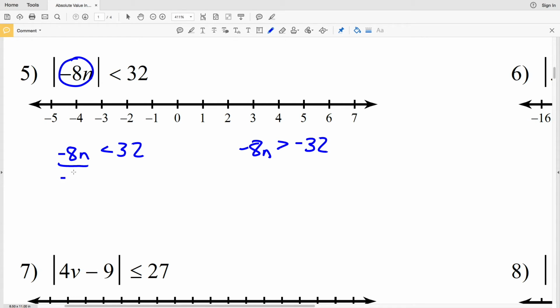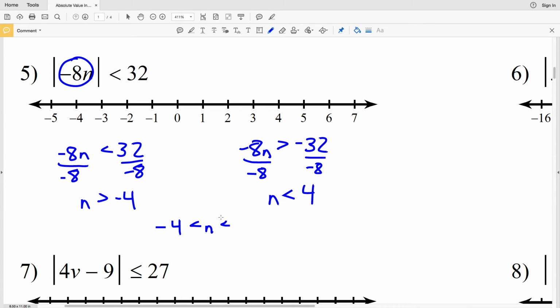We're going to divide by -8 to get that n, flipping the inequality, is greater than -4. We're going to divide the other inequality by -8 to get that n is, flipping the inequality, less than +4. n is in between these two, so again, we can combine them. -4 is less than n, which is less than +4.